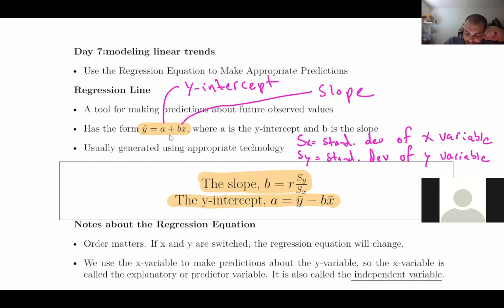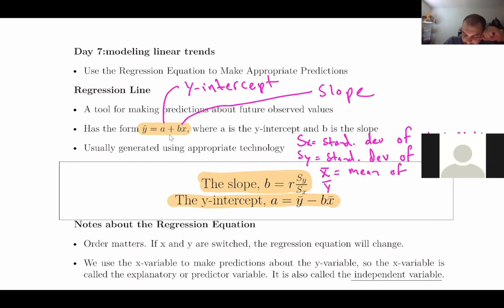We also have X bar and Y bar. X bar is the mean of the X variable. Y bar is the mean of the Y variable.